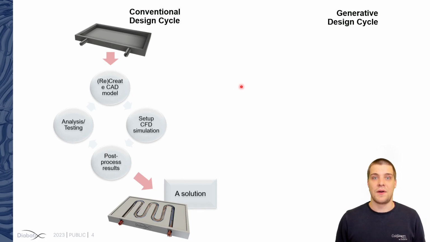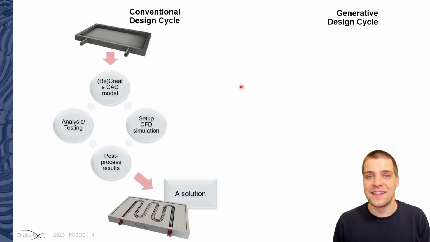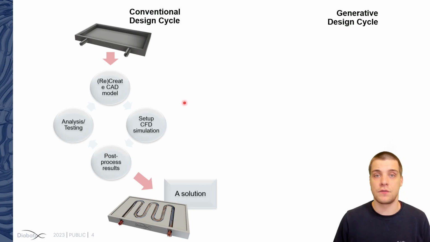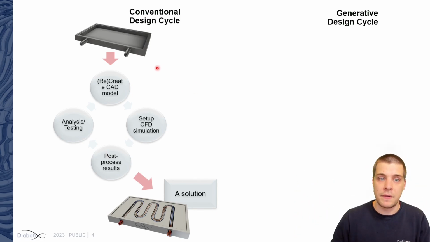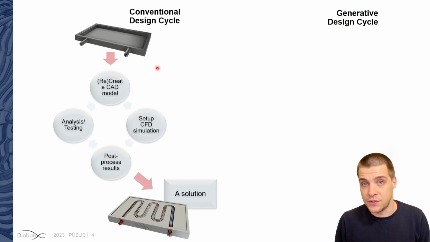What I mentioned, smart algorithms, is quite vague. To put it into perspective, I will first cover the conventional way of working, which I'm sure you're all very familiar with, where you start with the layout of your PCB and all the different heat sources, and then below or above it, depending on your point of view, you have a cooling plate that needs to cool down all of those heat sources.